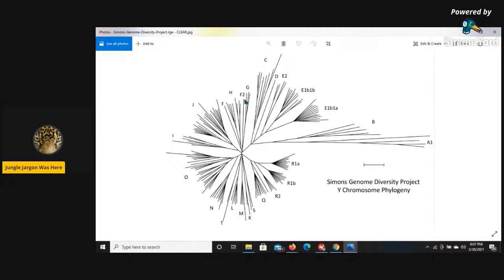And I don't know why they have the F2 separated from the F. Must have been separated going way back from the beginning, which is a possibility. Two different F trees that were separated way back at the beginning.